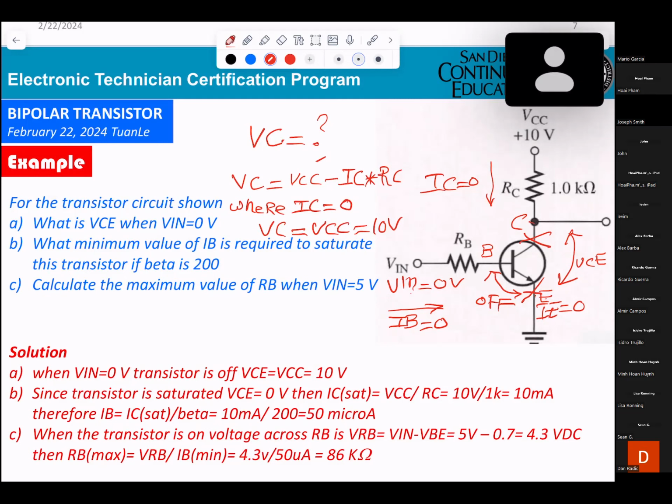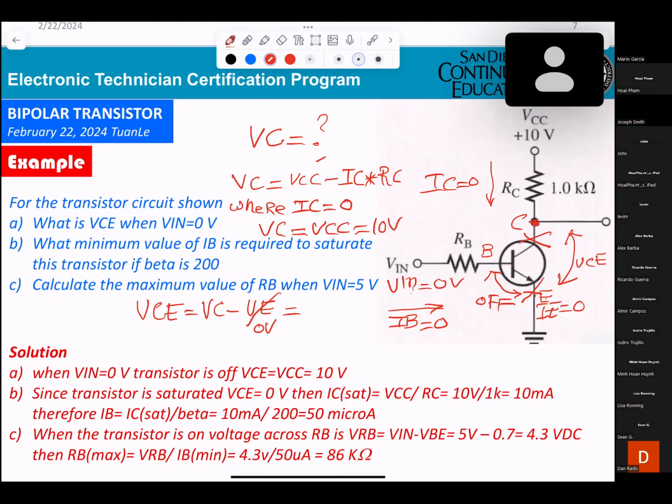When you want to measure VC, your meter's high side connects to C and the low side connects to the ground. And then you can get VCE, basically VC minus VE. VE connects to ground, 0.